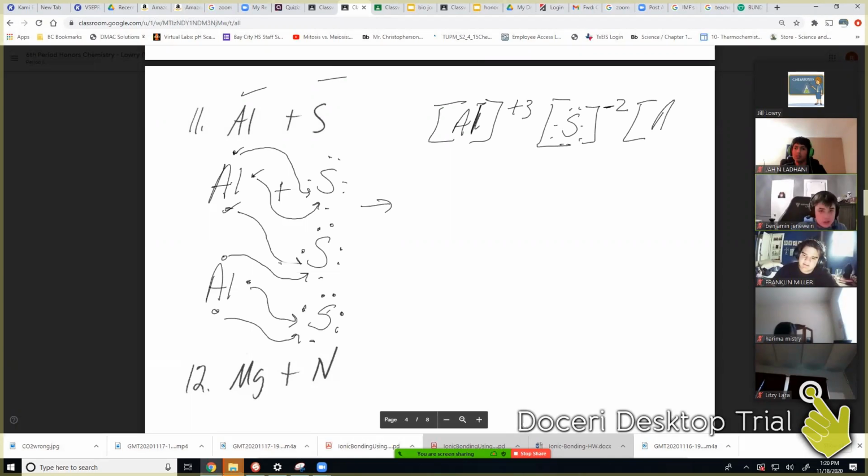And then I got to find a place for my other ones. I got another aluminum. I got another sulfur. And I got another sulfur, and I'll put it on this side.